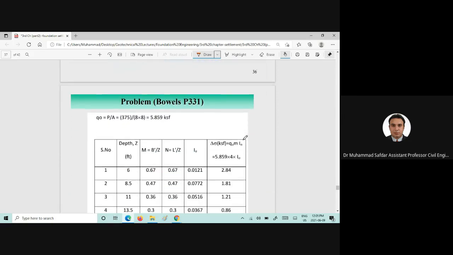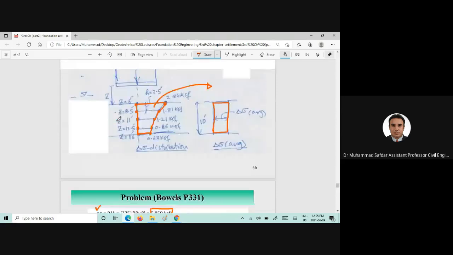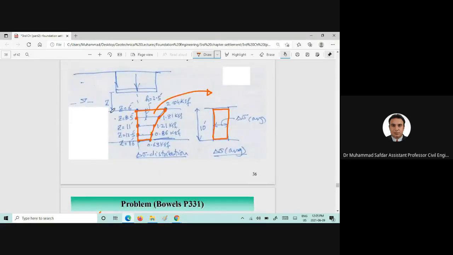So what we can simply do is construct a table here. Q naught is the load per unit area, and 375 kips is applied. So this would be the Q naught. Now we need to construct a table first, with serial numbers 1, 2, 3, 4, and 5. We will divide this 10 feet layer in equal increments of 2.5 feet.